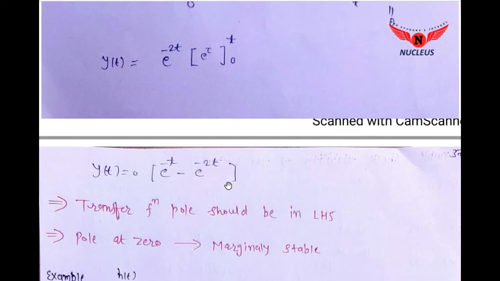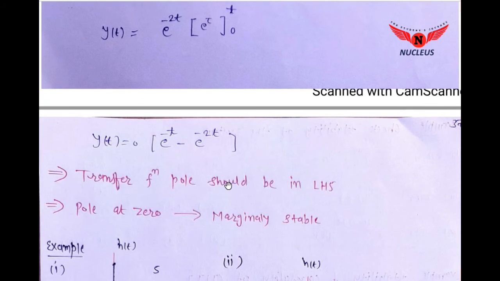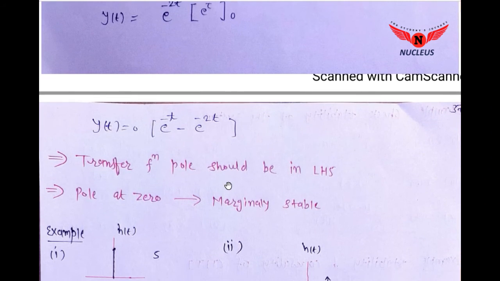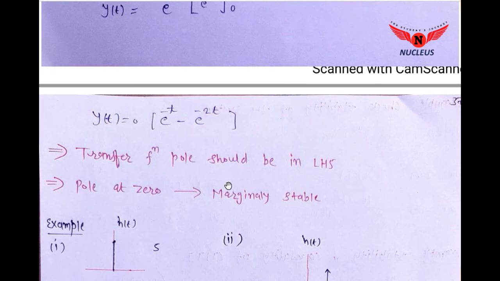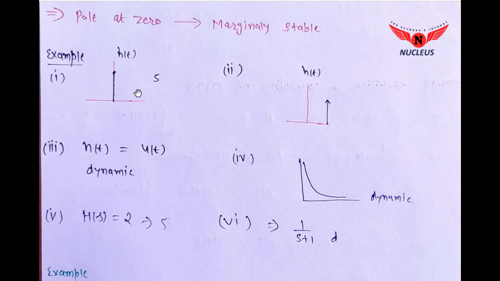Now for stability of a function, the transfer function poles should be in the left half, and a pole at 0 is marginally stable. If a static function is given, then the impulse response is at the origin and the transfer function is independent of frequency.